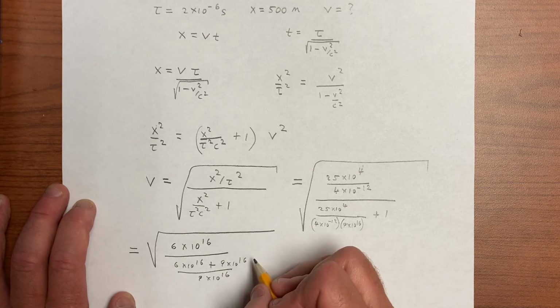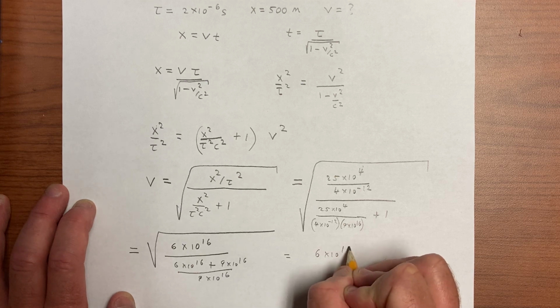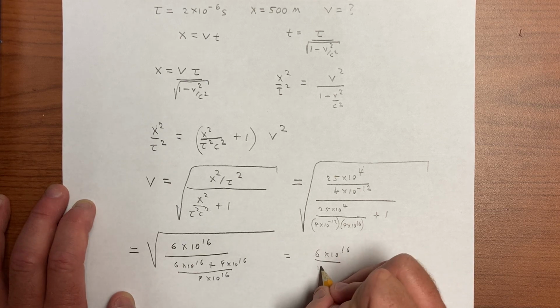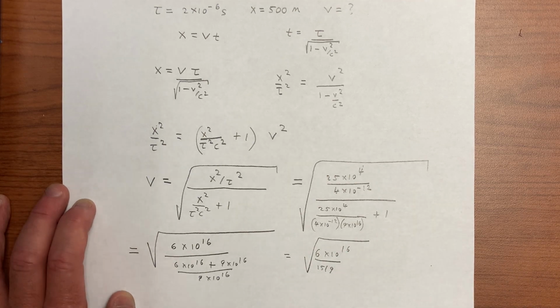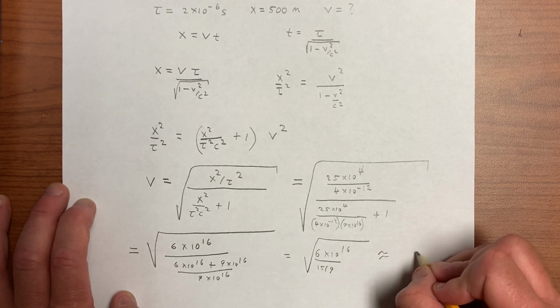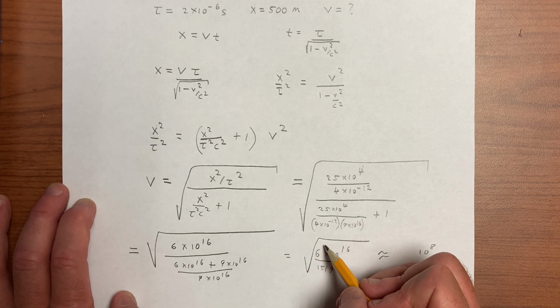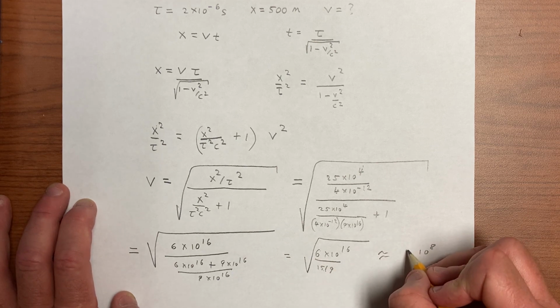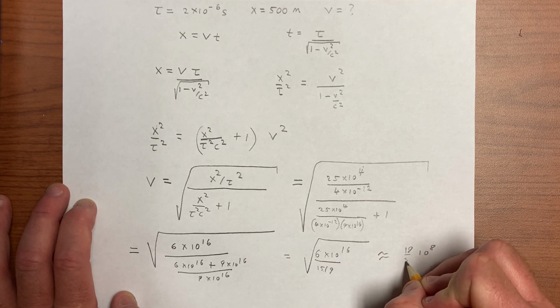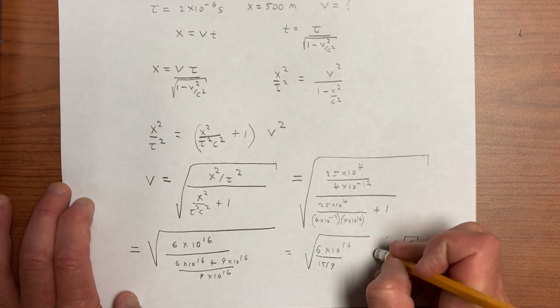What do we get here? The square root of 6 times 10 to the 16 over 15 over 9. So that's about 10 to the 8 for this term, right? And 6 times 9 over 15, square root, that is the square root of 18 over 5. So that's actually exact.